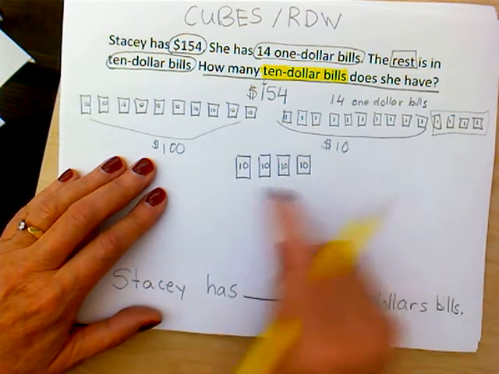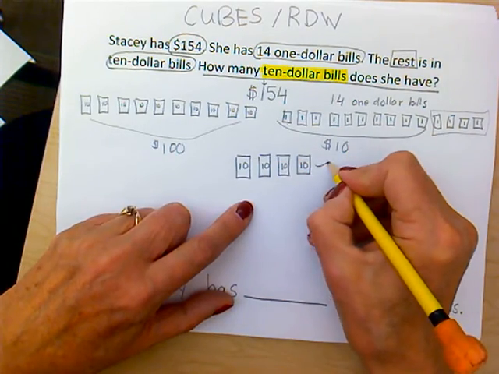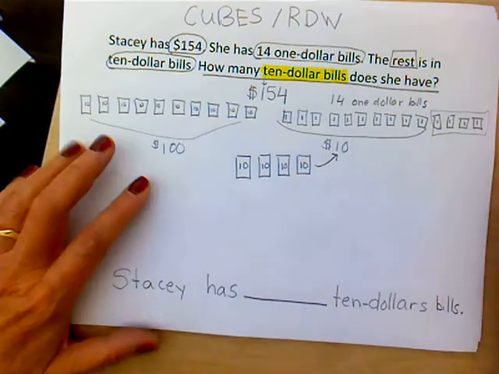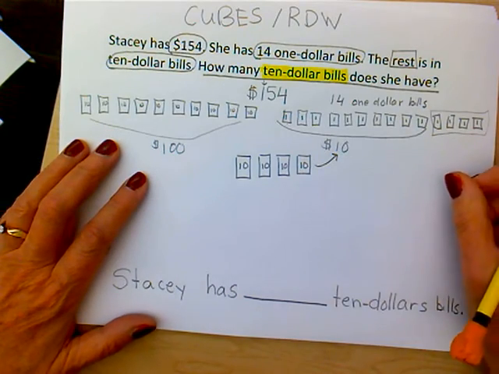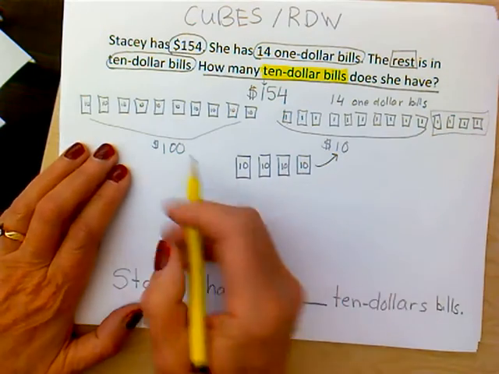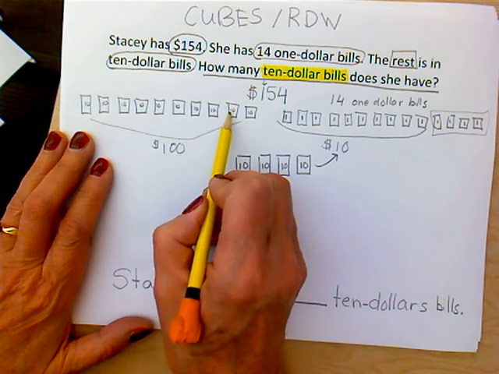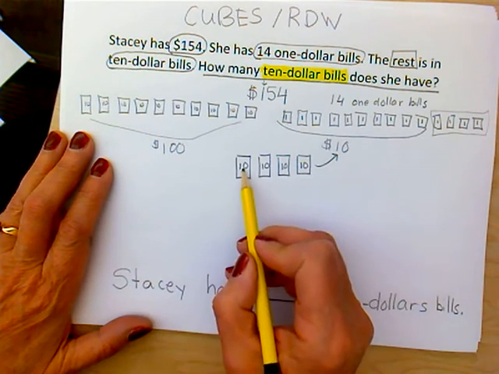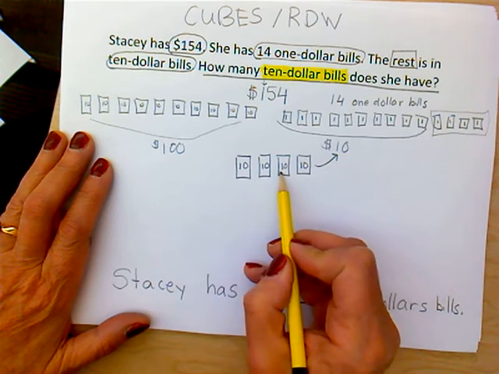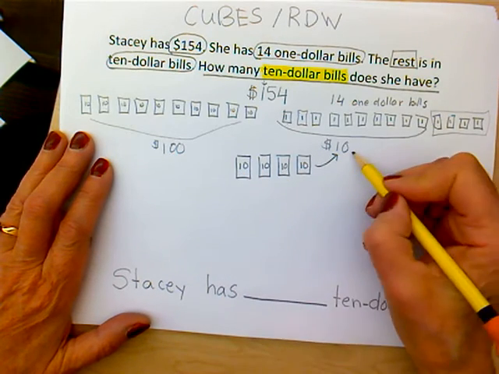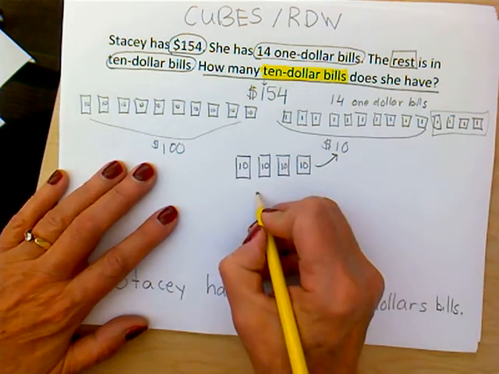Now, I don't want to do any more because I do have $10 right there in ones. So that would mean 10, 20, 30, 40, 50, 60, 70, 80, 90, 100, plus 110, 120, 130, 140, and that 10 would give me $150.